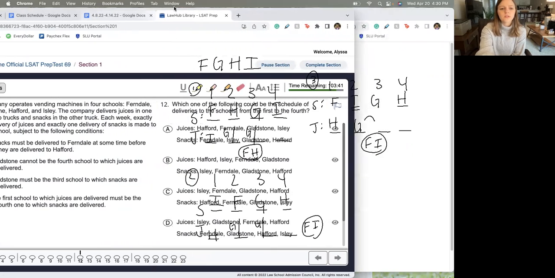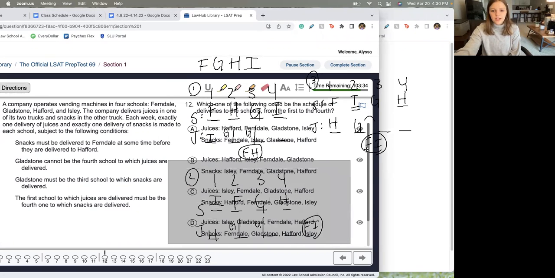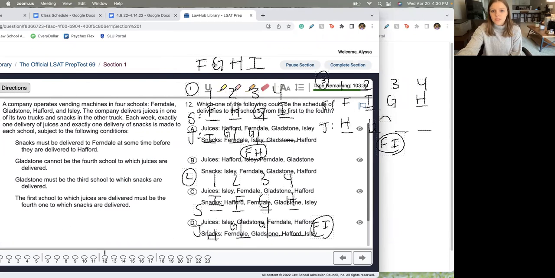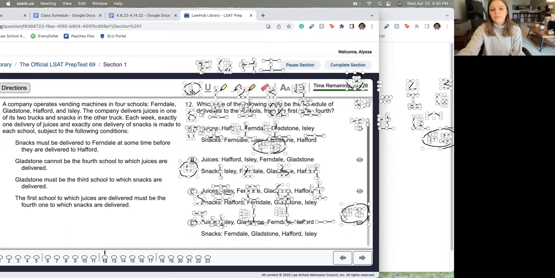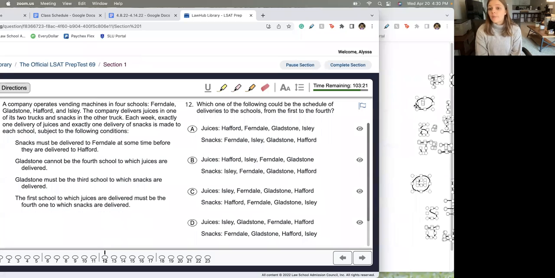Okay, we'll just do this. So our first question is a list question. And for list questions, I don't like using my diagram. We can if we want to, but it's very time consuming, especially if you've created anywhere from 5 to 8 worlds.